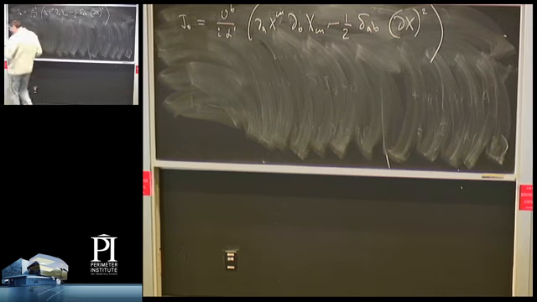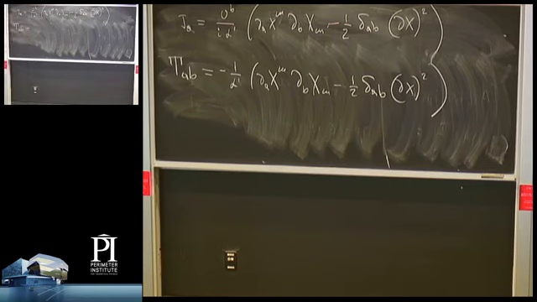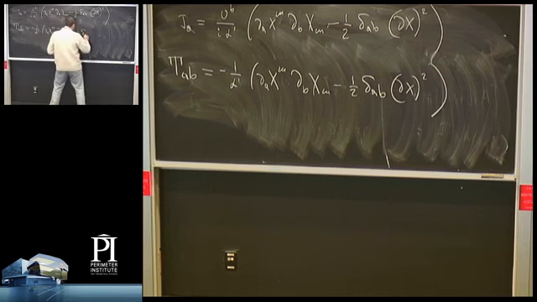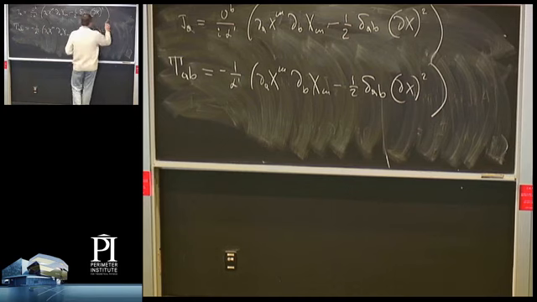So I'm just going to define what will be familiar to us as a stress energy tensor. So this guy is minus 1 over alpha prime, and then I have del A x mu, del B x mu minus 1/2 delta AB del x squared.